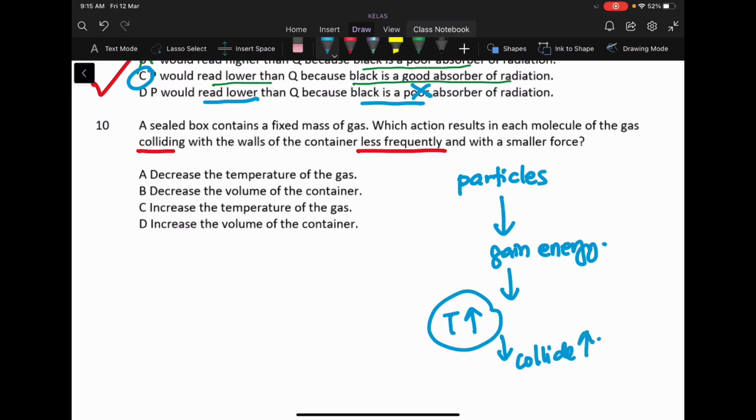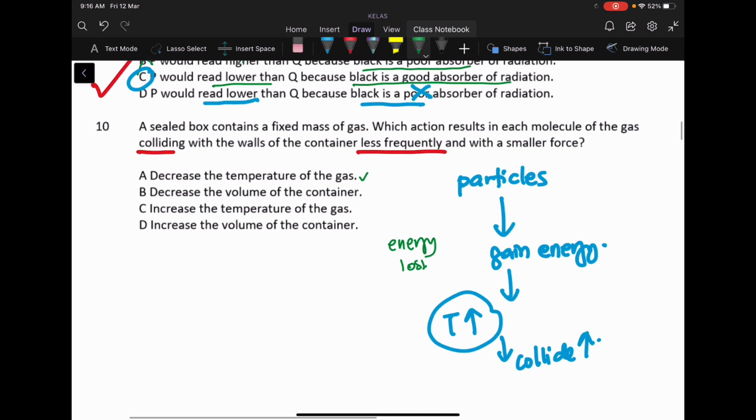But this one is less frequently, so it's about energy loss. So decrease the temperature of the gas. So this is about energy loss.